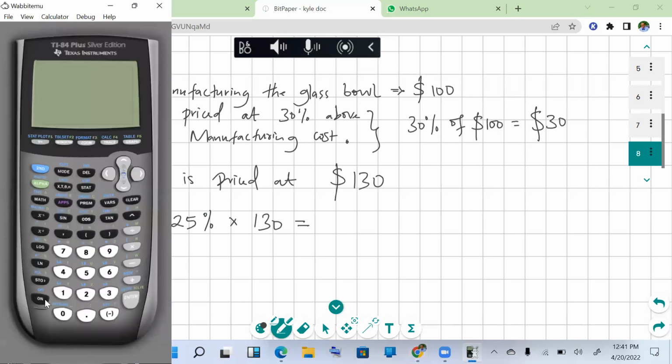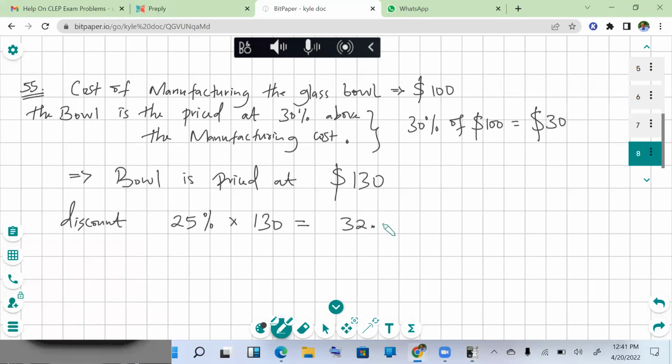So let's do 25% of 130. Meaning that they give a discount of 32.5 bucks.